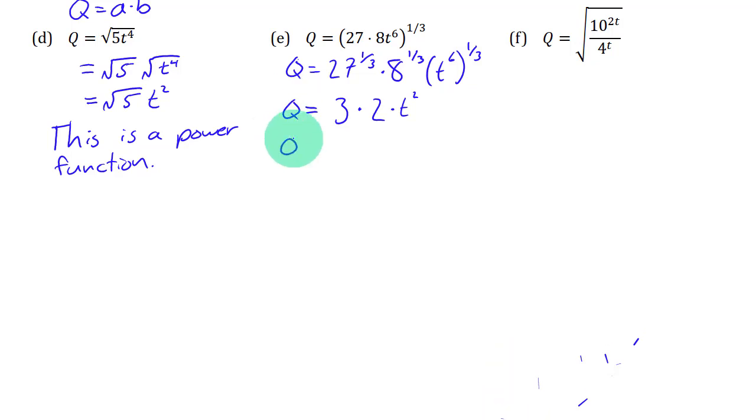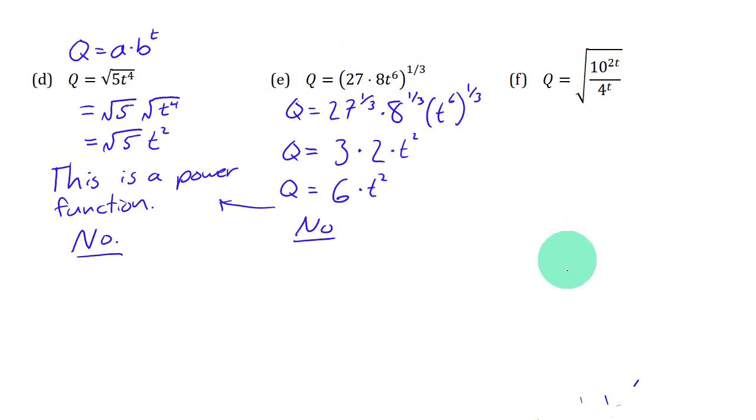So this is going to turn into just q equals 3 times 2 is 6 times t squared. And this has the same problem as before. This is a power function. Okay, so the base of the exponent is the variable instead of the variable being the exponent.